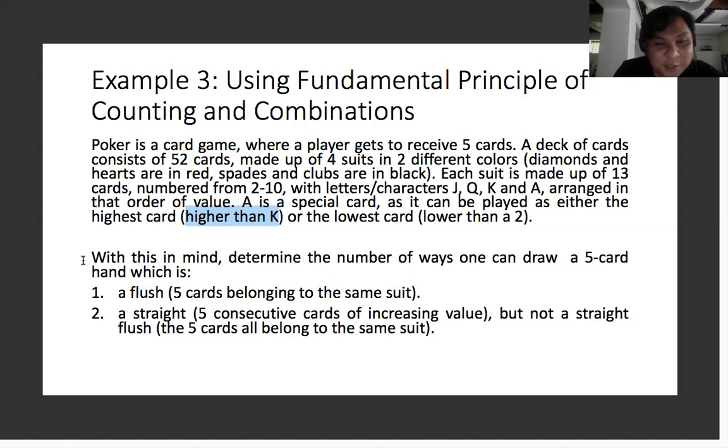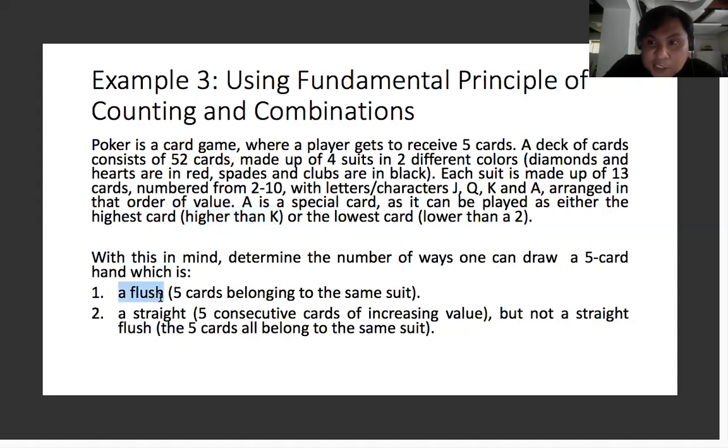Assuming that you are going to draw 5 cards, playing for yourself, you're thinking, how many ways can I draw a particular combination? The first question is, determine the number of ways one can draw a 5-card hand, and that 5-card hand would be a flush.